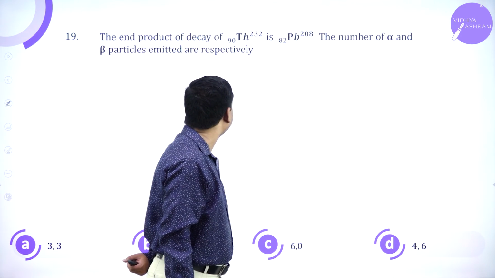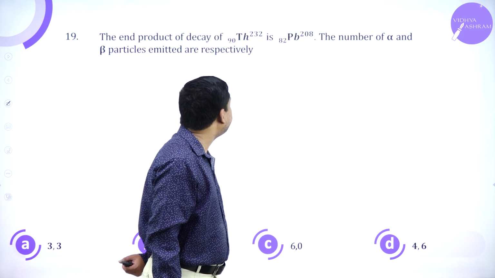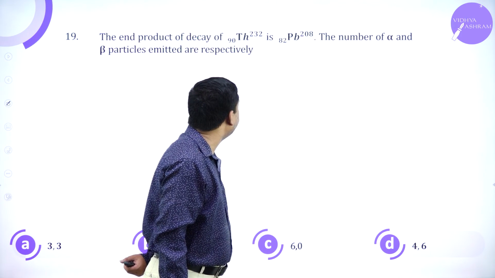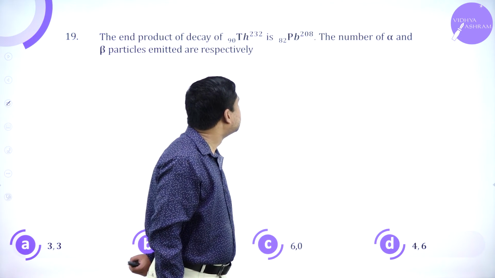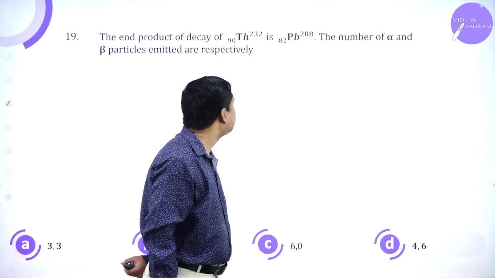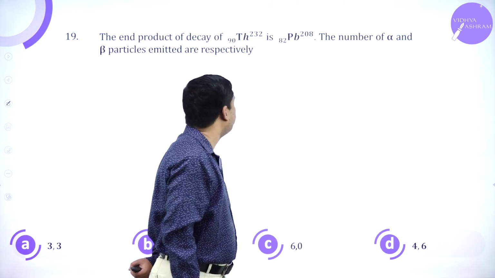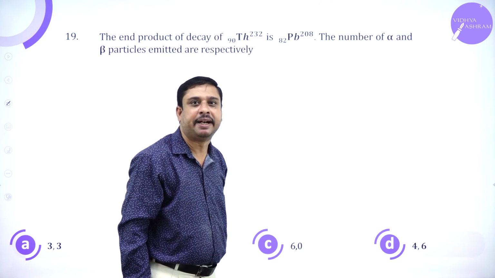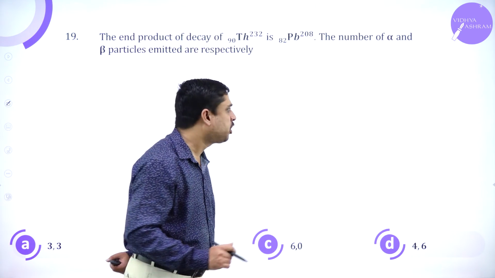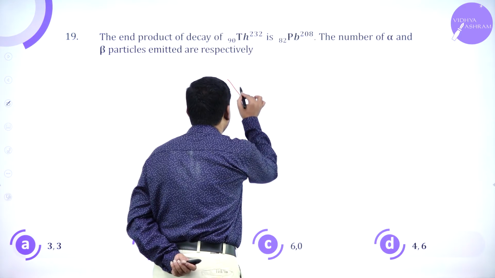The end product of decay of thorium-232, 90, is lead 208-82. Find the number of alpha and beta particles emitted. Follow thoroughly, students.